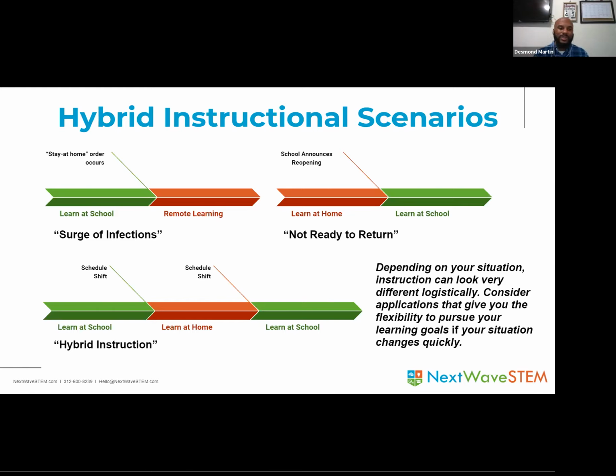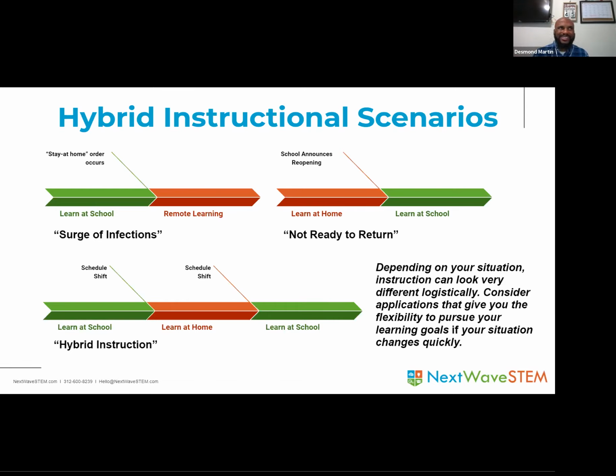And then the third situation that some of us may see, using different student populations, is just standard hybrid instruction, where we have a group of students who are at school during some portion of their instruction. That population, you can think of it as an A and B, might be at home for another part of their instruction and switching off with these different students according to schedule shifts.